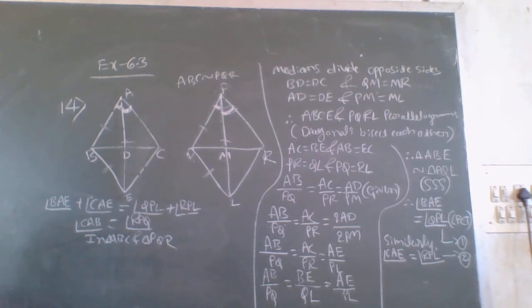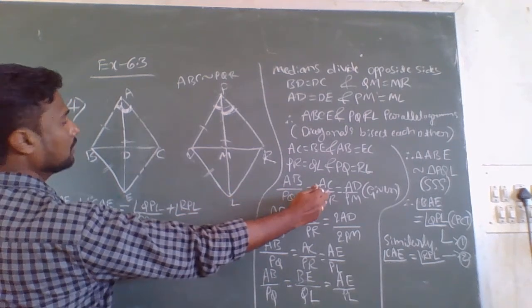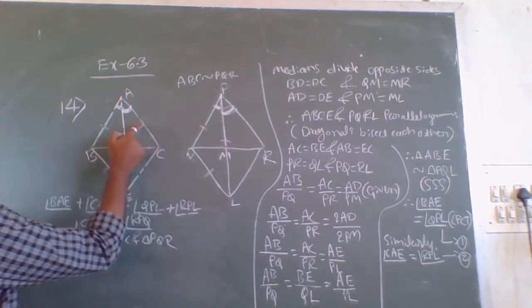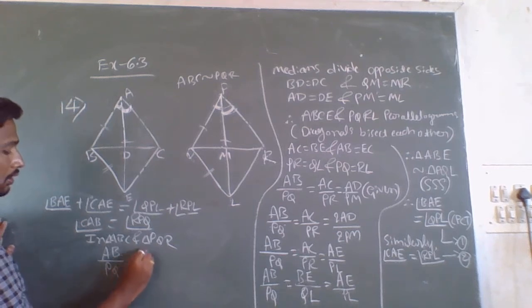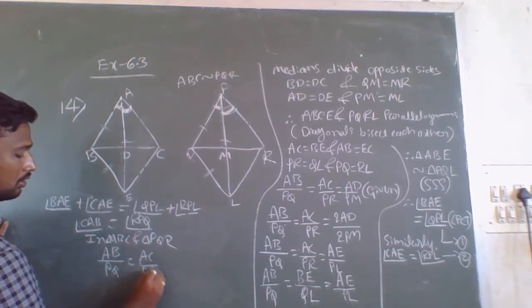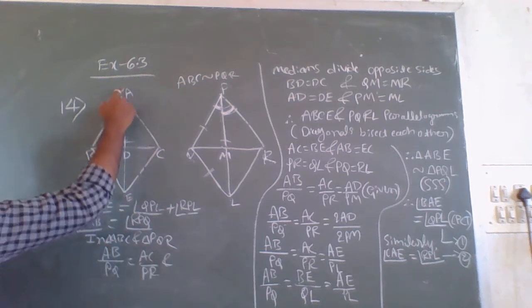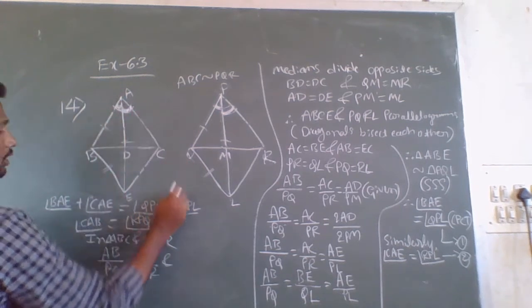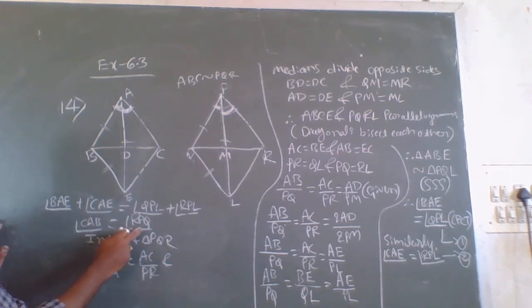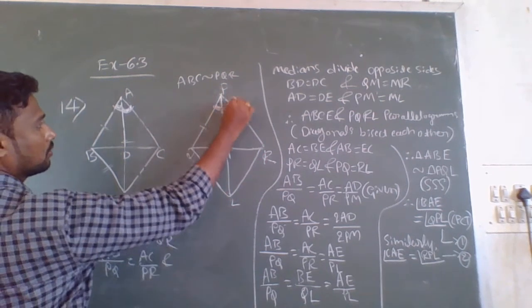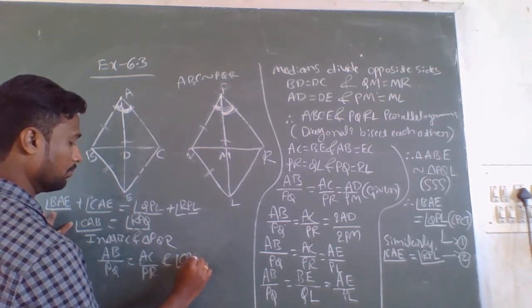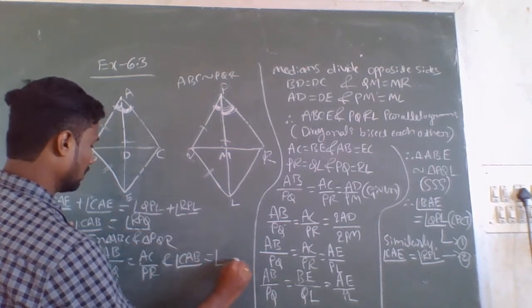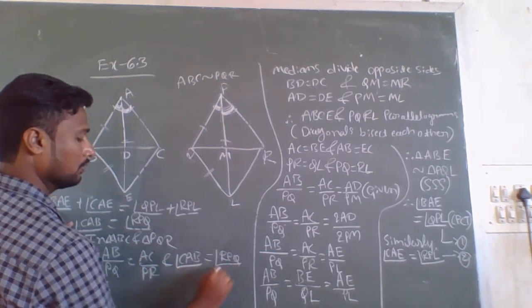Here they have given that AB by PQ is equal to AC by PR. And we proved that angle CAB, means this whole angle, is equal to angle RPQ. These two angles are equal. Here I will write angle CAB equals angle RPQ.